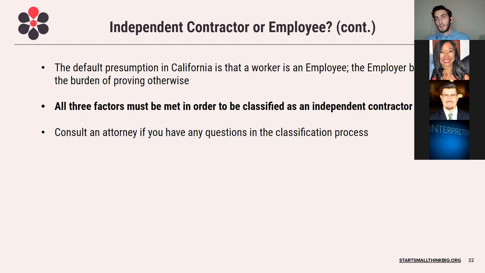As I said, in order to be an independent contractor, all of those factors need to be met. And so that is why it's important to talk to an attorney if you have questions about classification.